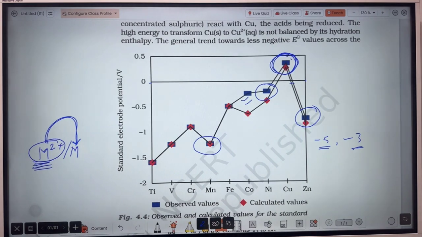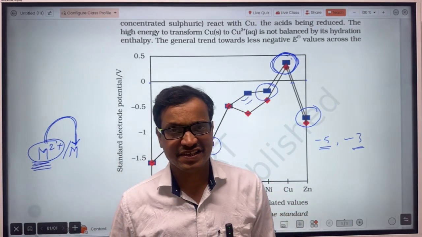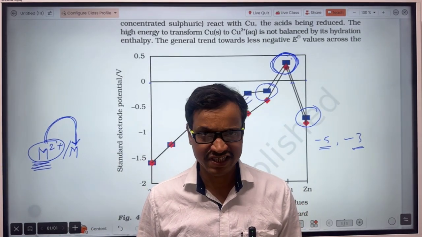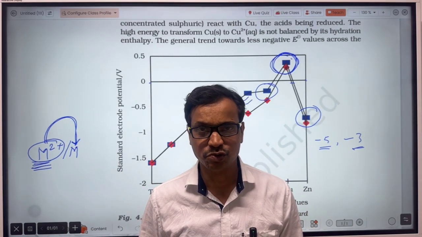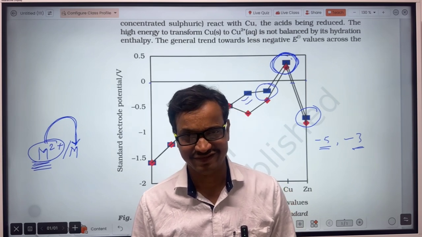What's the reason? What's the meaning of that? That means copper will have less tendency to be in the oxidized form, in the Cu2+ state, compared to hydrogen.